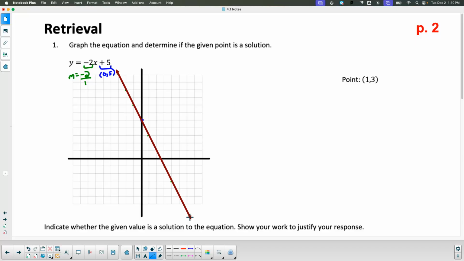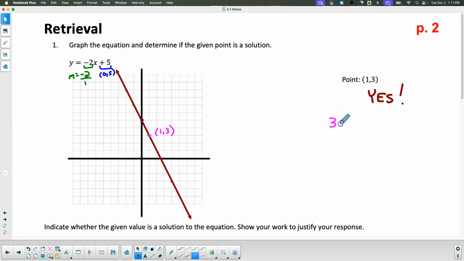Then it asked us if the point 1, 3 is or is not a solution. Well, the point 1, 3 is right 1 and up 3. This would be the point 1, 3 right there. It is on our line, yes. So yes, it is a solution. Another way of doing that is we could substitute 1 in for x and 3 in for y.